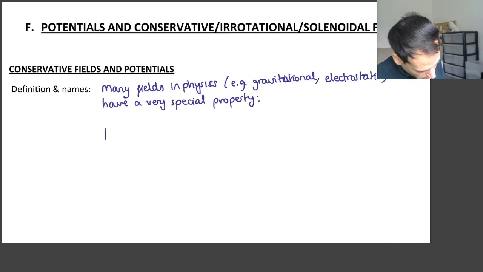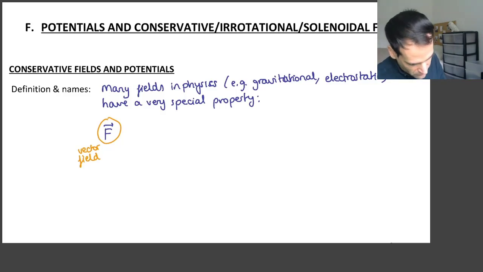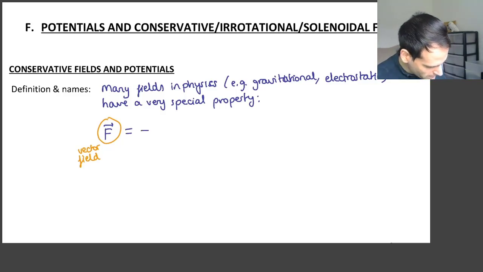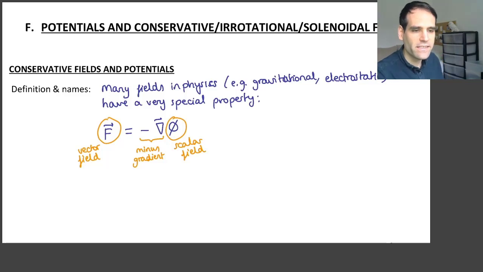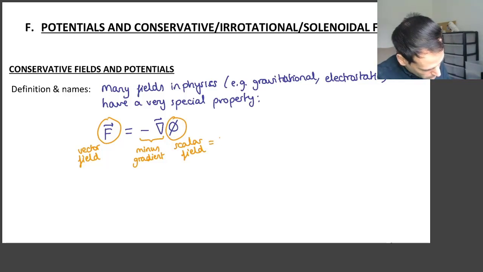So the vector field F, this is our vector field, for example, the gravitational field or the electrostatic field, is equal to the minus gradient of a scalar field. So this is the minus gradient. And this is a scalar field.